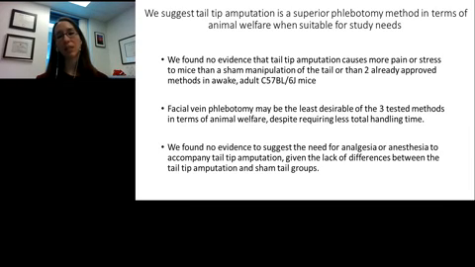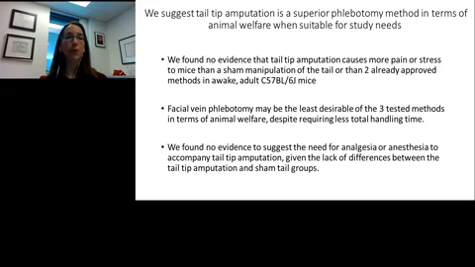At our institution and many others, if tail tips are biopsied to collect tissue for genotyping after the mouse has been weaned, so after 21 days, they're required to provide analgesia and/or anesthesia. That's essentially because at that age, in most strains, the caudal vertebrae have fully ossified, and we think the procedure is more painful at that age than before 21 days.